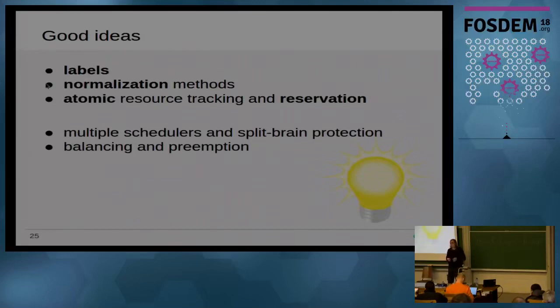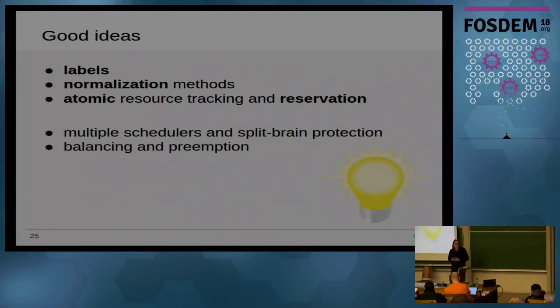Then normalization methods, they're really important because they control how the cluster behaves in terms of which host is the best one. I had a pretty nice comparison of all three with nice tables and numbers. I had to remove it. But if you want to talk about that, I'm here all day, actually all weekend, so just find me around.